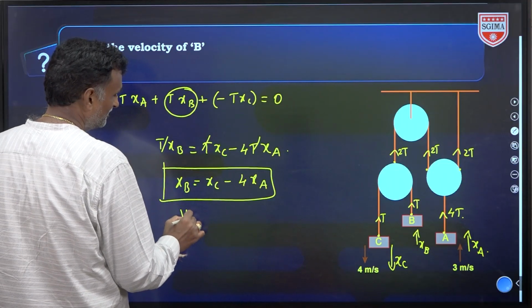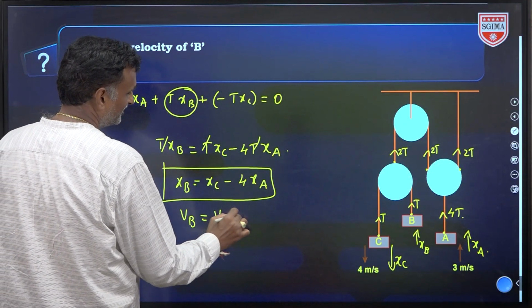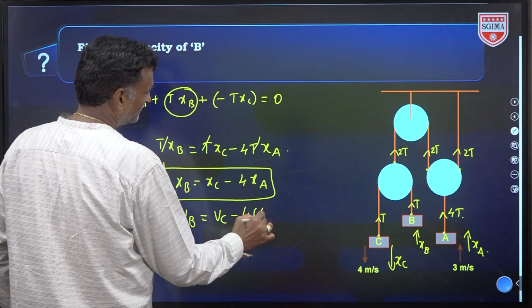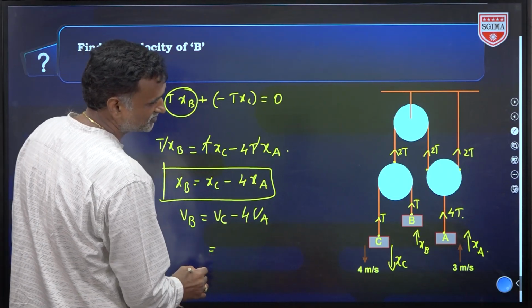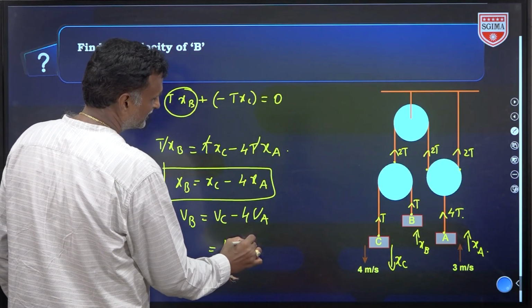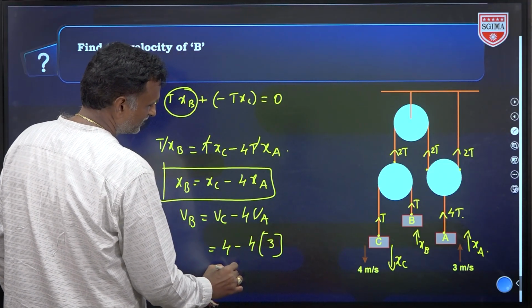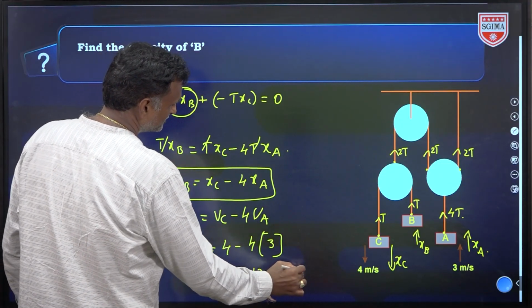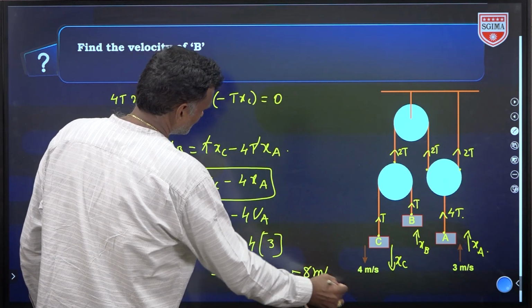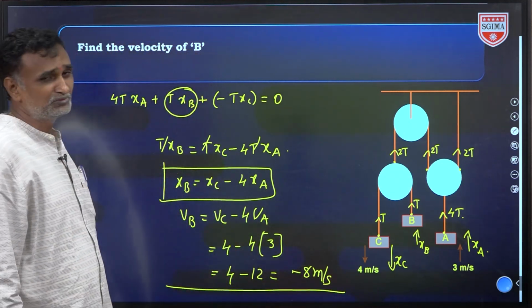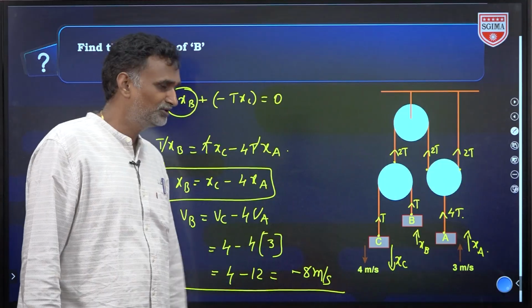Differentiation gives you VB equals VC minus 4 VA. VC is 4, so 4 minus 4 into VA which is 3. 4 minus 12, so minus 8 meter per second. So minus, no problem.